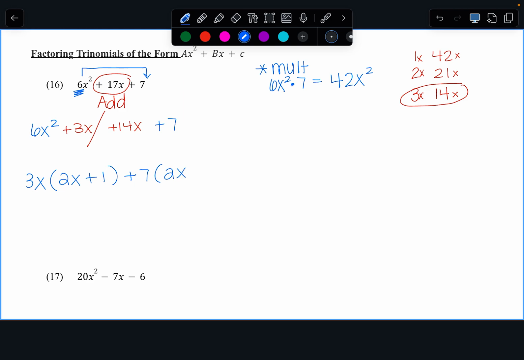When we divide by positive 7, we get 2x plus 1. What do you notice about those pieces? So 2x plus 1 is in one set, and 3x plus 7 is in the other. That will work every single time.